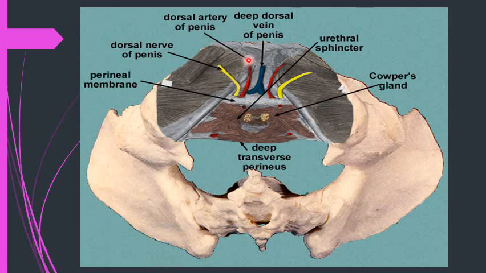These are the dorsal nerve of the penis, the dorsal artery of the penis, and the deep and dorsal vein of the penis. In the females, these same structures are the dorsal nerve of the clitoris, the dorsal artery of the clitoris, and the deep and dorsal vein of the clitoris. These structures emerge through that aperture, the gap on the most anterior part.